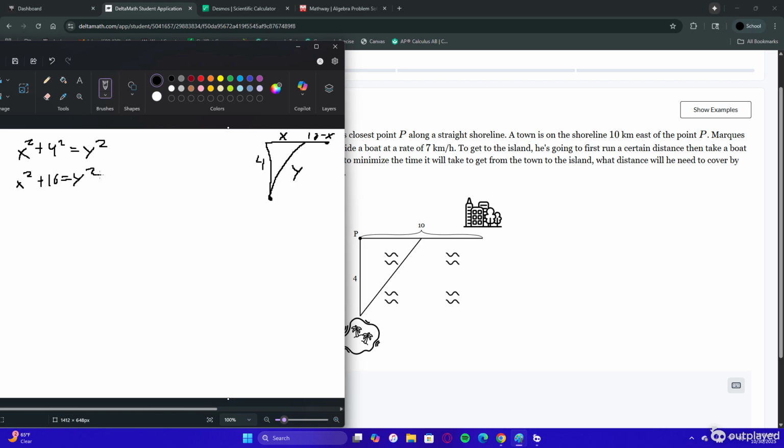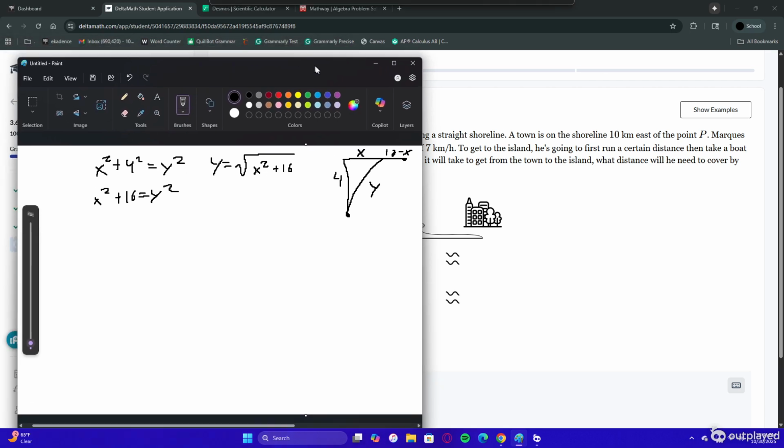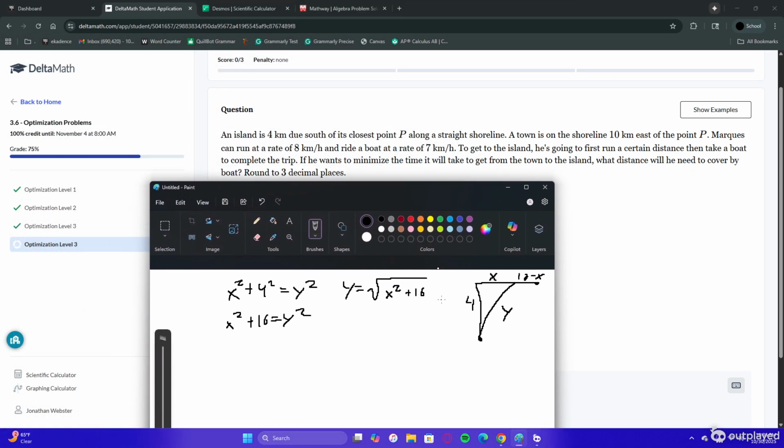To solve for y, to get y by itself, we can just take the square root of everything. So y would equal the square root of x squared plus 16. So that's just solving our Pythagorean theorem, our constraint equation.